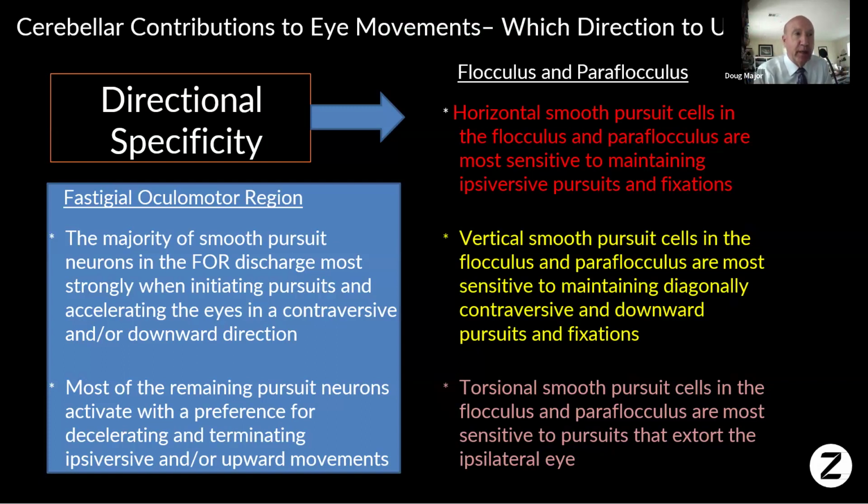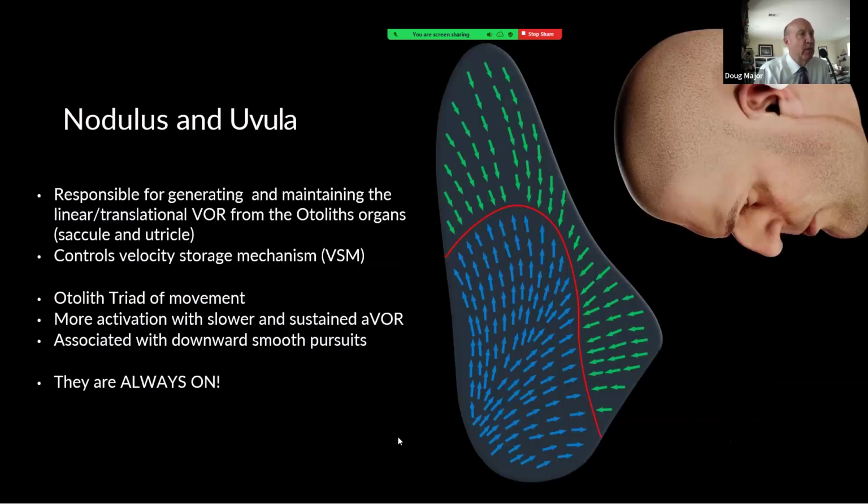And just this comment at the bottom, torsional smooth pursuit cells in the flocculus are most sensitive to pursuit to extort the ipsilateral eye. So Samantha, here's a great thing we should be exploiting by isolating and using these muscles to do well. Second thing is the nodulus uvula.